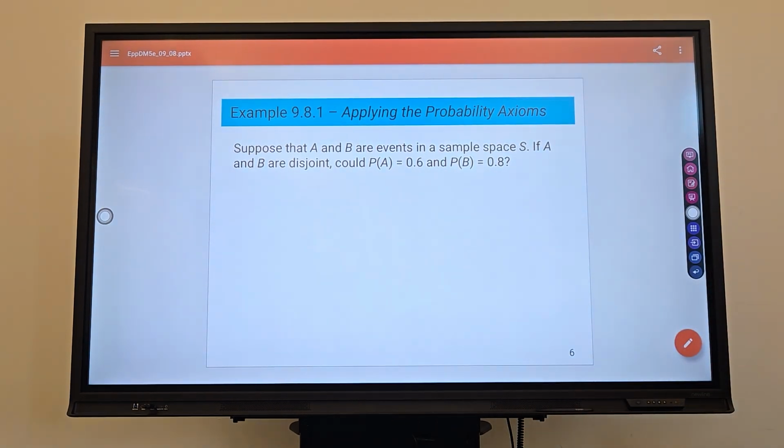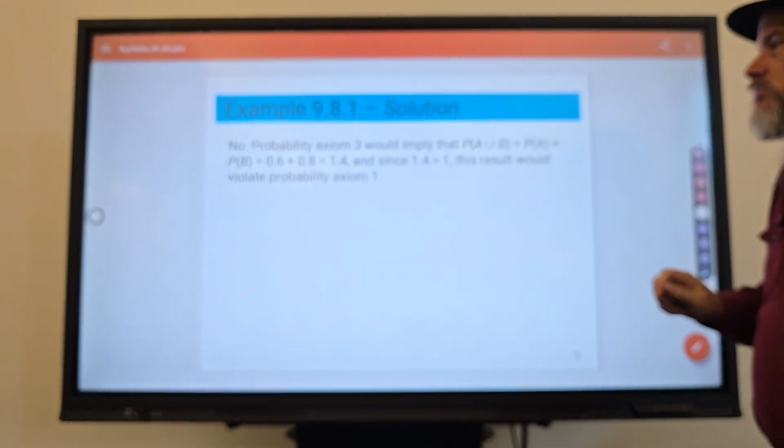Suppose that A and B are events in sample space S. If A and B are disjoint, could the probability of A equal 0.6 and the probability of B be 0.8? The sum of all probabilities within a sample space has to equal 1. So it'd be equal to 1.4, which is greater than 1, so it would not be possible.